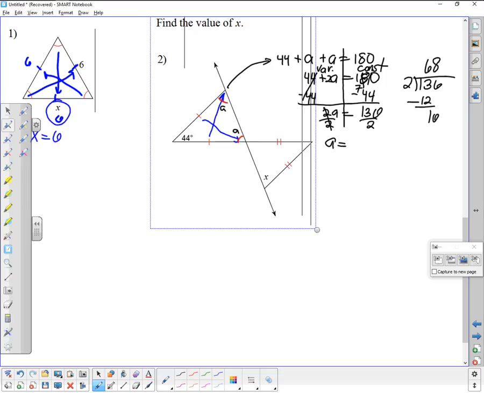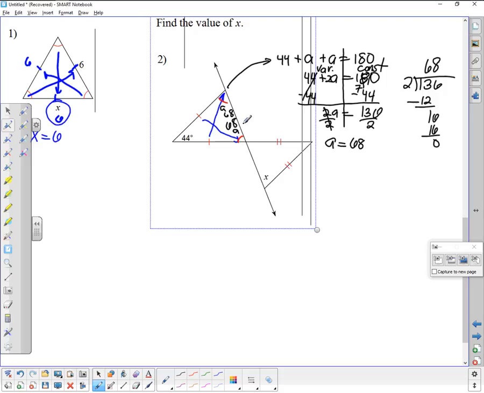Then 2 times 8 gives you 16, and 16 minus 16 gives you 0. So this will be 68. So now I know this is 68, so this will also be 68. This is 68 and this is 68.